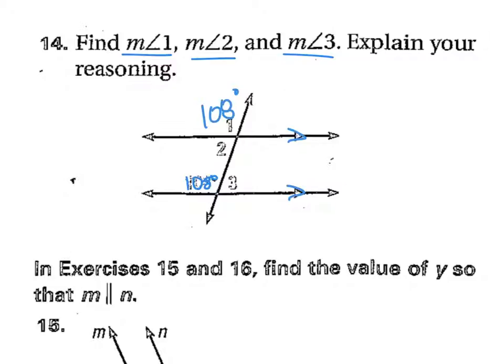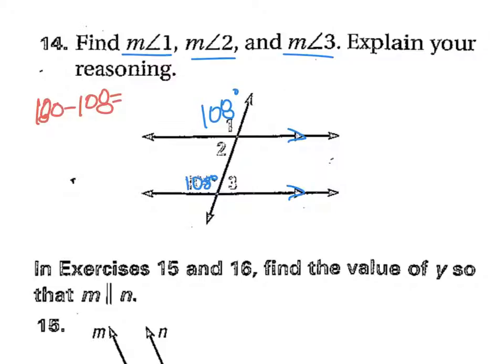Now let's figure out what angle 2 is, this one right here. These two are touching each other, and they make a straight line. Straight lines make 180 degrees, so just subtract 180 minus 108, and that's going to give us 72.